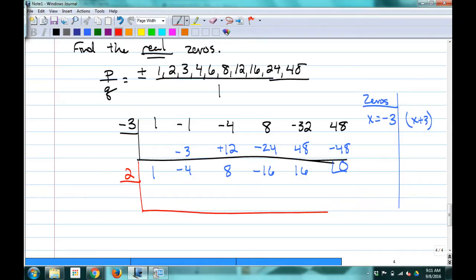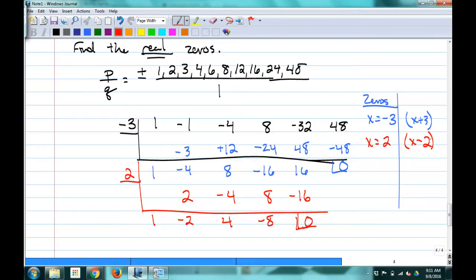And then I'm using these as my coefficients. Pull the 1 down. It's 2. -2, -4, 4, 8, -8, -16. What do you know? Remainder of 0. X equals 2. X minus 2 would be your factor that goes with that.